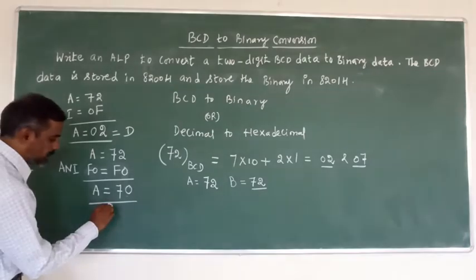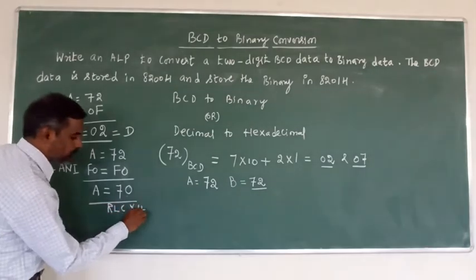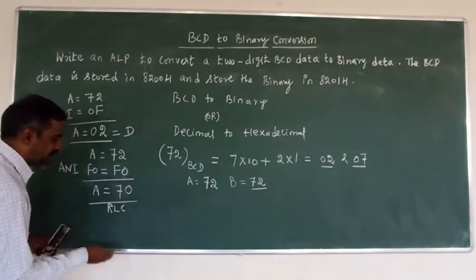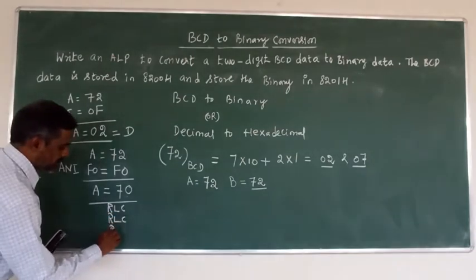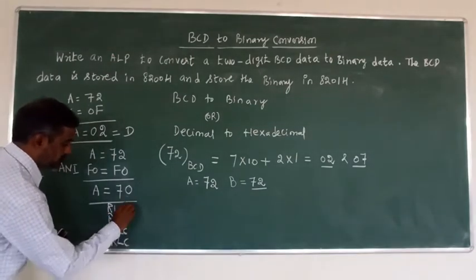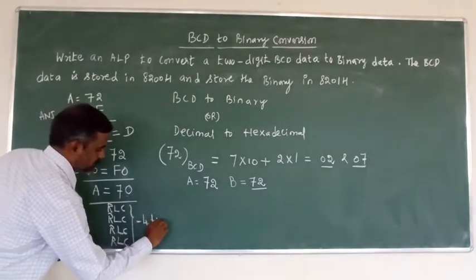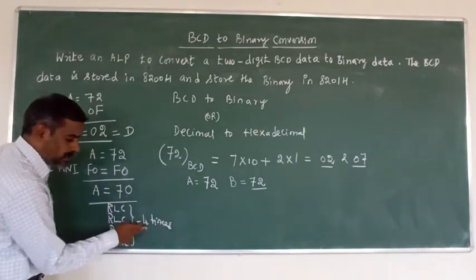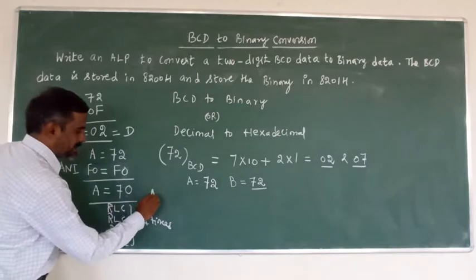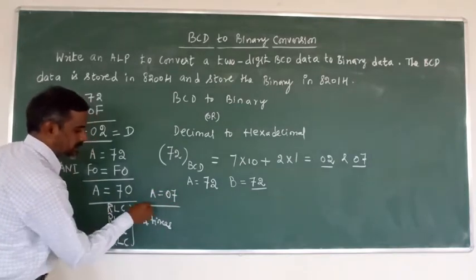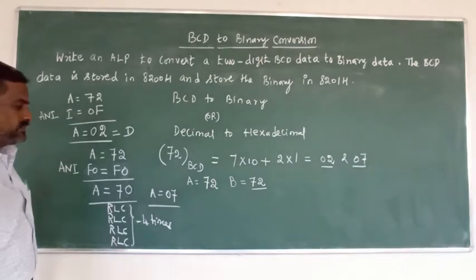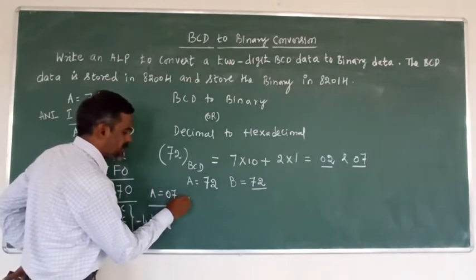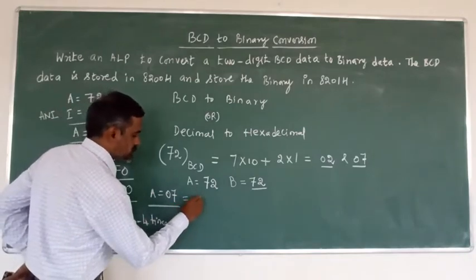For that, we can use RRC 4 times: RRC, RRC, RRC and RRC. After RRC 4 times, the accumulator result is 07. Now the accumulator result 07 we can move into some other register, suppose the C register.